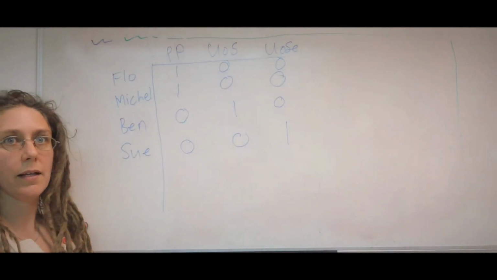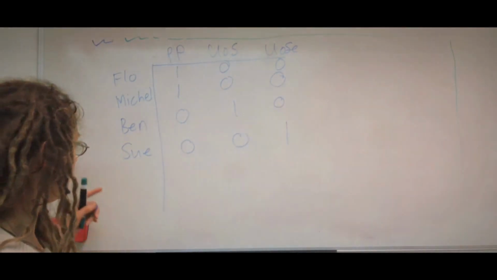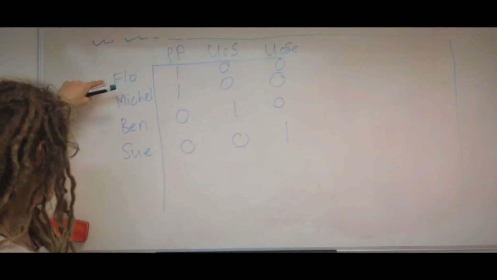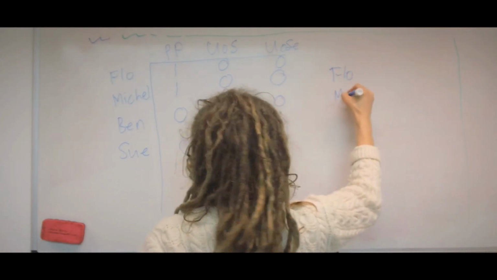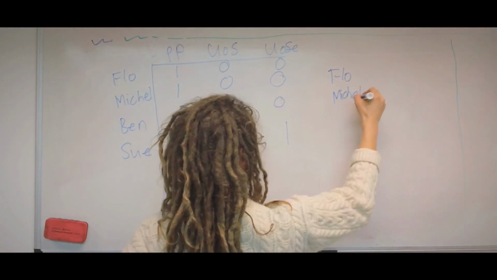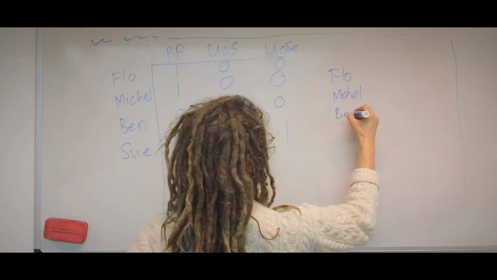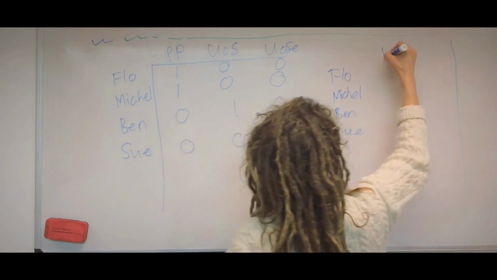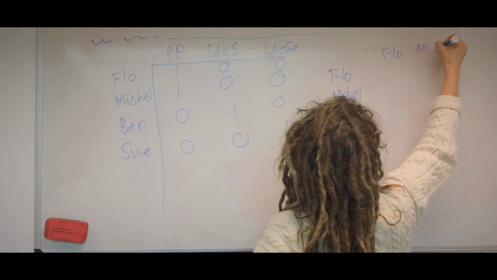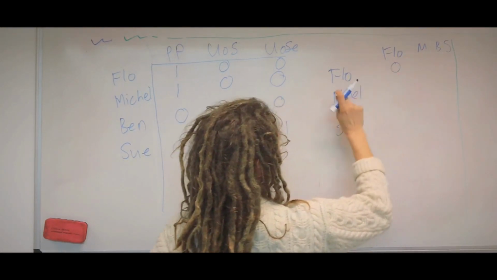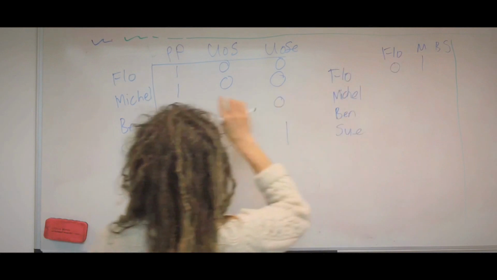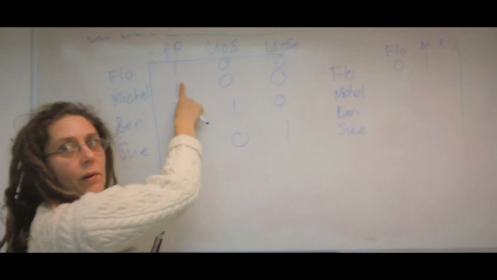We then turn that into what's known as a 1-mode matrix, so we'd have the people against the people, Flo, Michael, Ben, and Sue, against Flo, Michael, Ben, and Sue. Obviously you're not related to yourself, but Flo and Michael are related by both having done politics at Penryn.